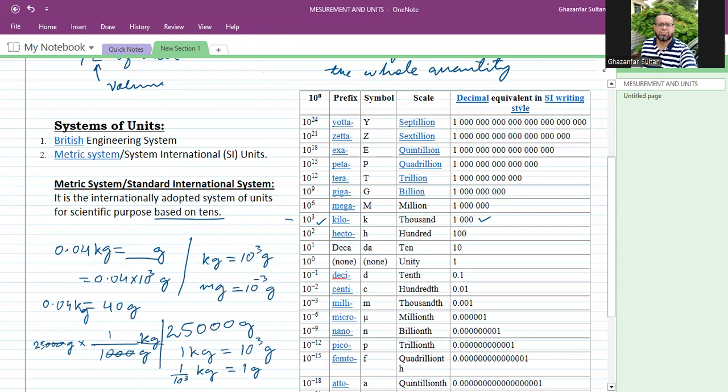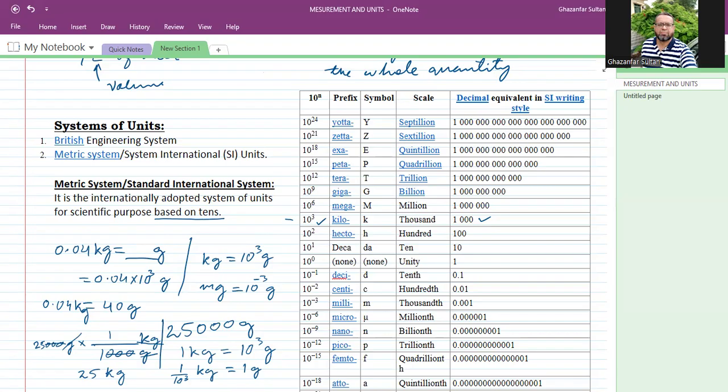So this 25,000 gram is equal to 25 kilogram. How? Because gram is in denominator and here it is in numerator, so it has been cancelled. So what is remaining here? Remaining here is kilogram. So in this way you can easily convert the unit as well.